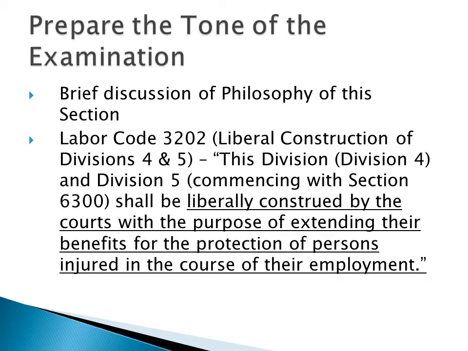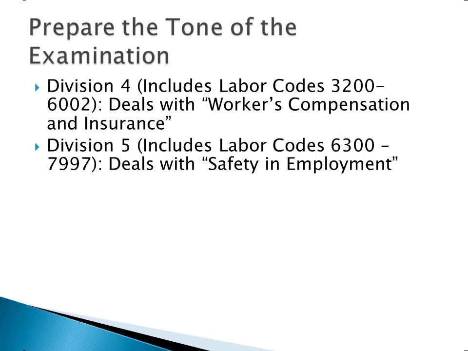Now, you may not be familiar with this labor code or Divisions 4 and 5. But Division 4 includes labor codes 3200 through 6002. And this deals with workers' compensation and insurance. And most of the codes that we deal with come out of Division 4, as it includes labor codes 3200 all the way up to 6002.